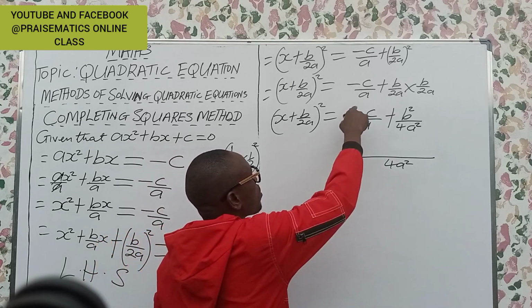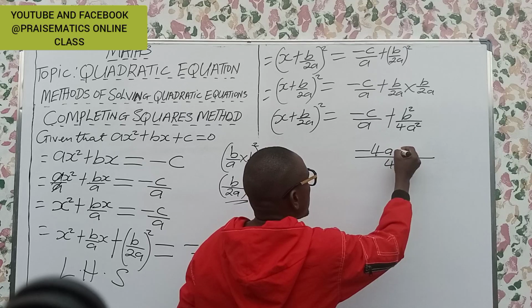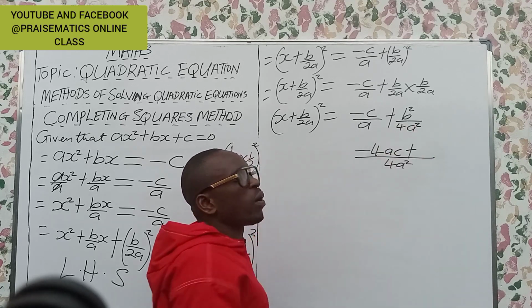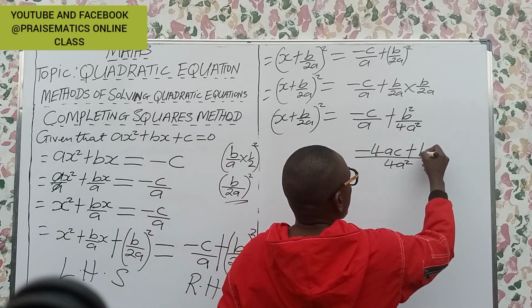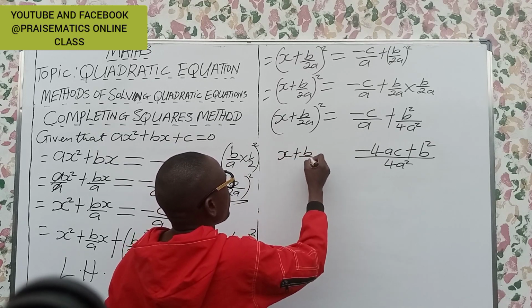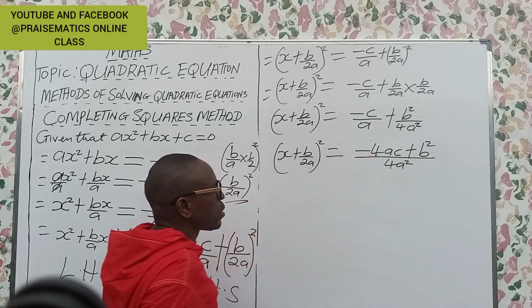So 4a times minus c will give us minus 4ac plus 4a square divided by 4a square will give us 1. 1 times b square will give us b square. In other words, we have that x plus b over 2a all square is equal to this.